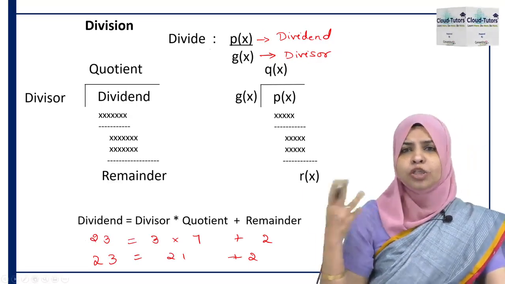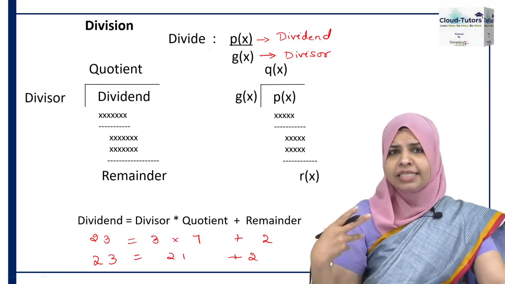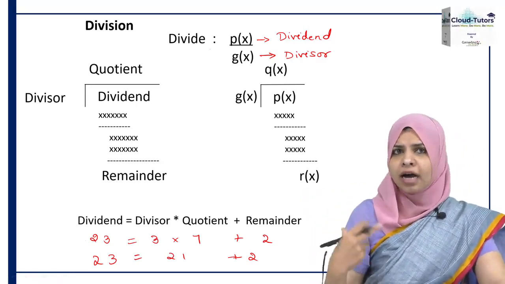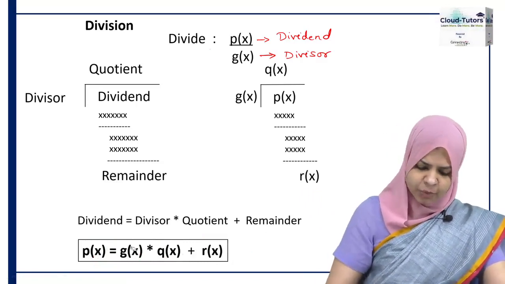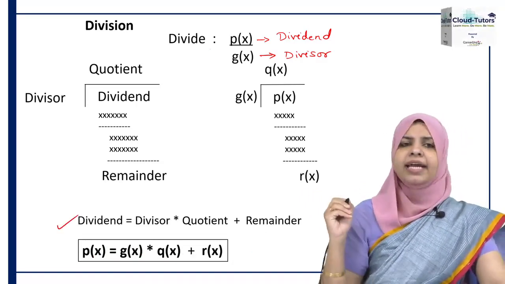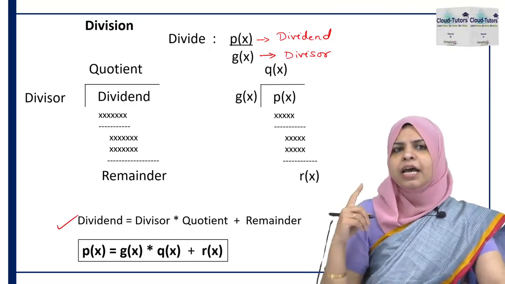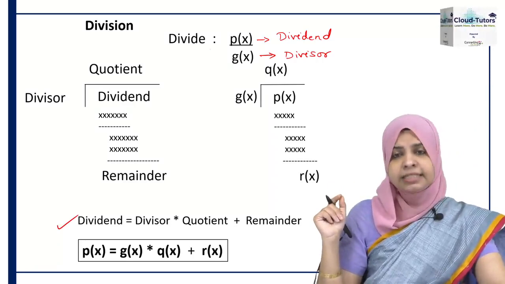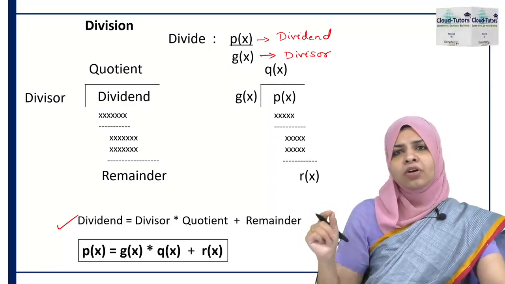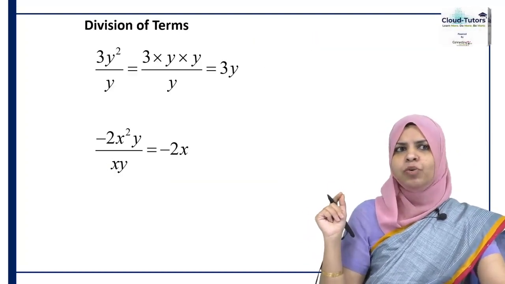Now whatever quotient that you get, I call it as q of x, and the remainder is called as r of x. Now if I have to rewrite the equation for verifying it, I can write it as p of x is equal to g of x into q of x plus the remainder, that is r of x. So let's see a few examples here.